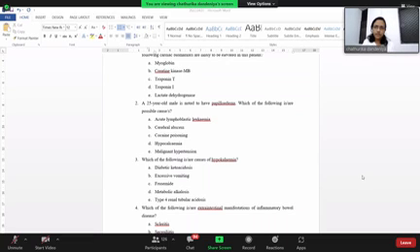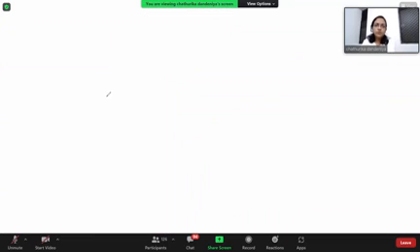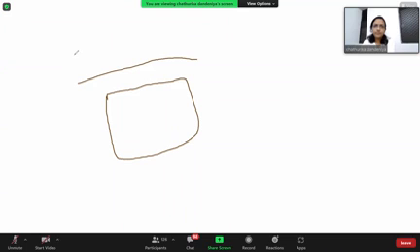So let's see. You have the cells and then you have the blood vessels. Potassium is usually high within the cells and low outside of the cells.